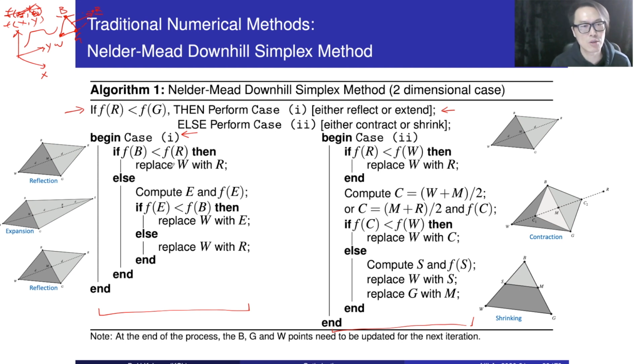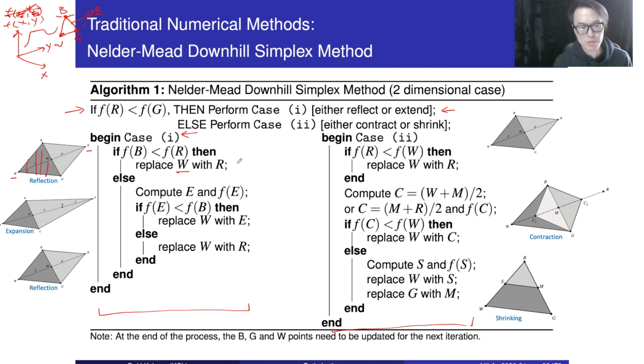We are searching in the right direction, so it is not necessary to extend this reflection point to the expansion point. We only search 1 unit of distance and then stop this iteration. What we do is replace the worst point W by R. We disregard this dark triangle and form a new triangle BGR, and this is the end of this iteration.